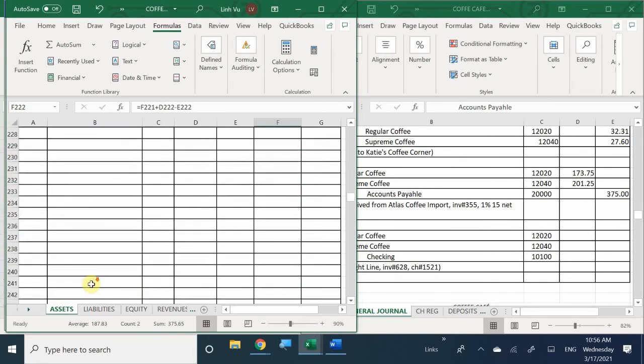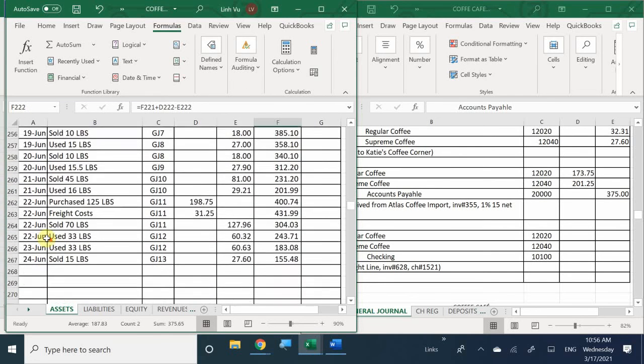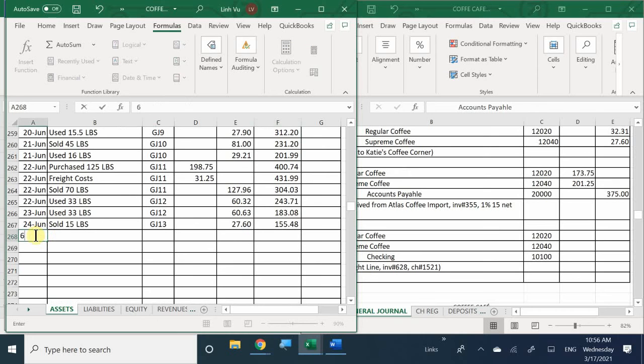Same thing now down to my Supreme coffee. We made a purchase of 125 pounds. General Journal number 13 for 201.25.